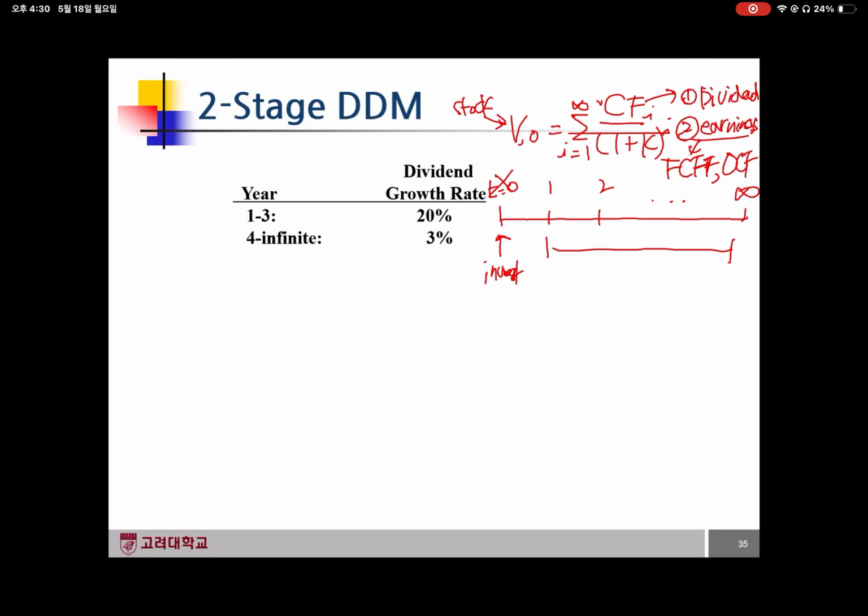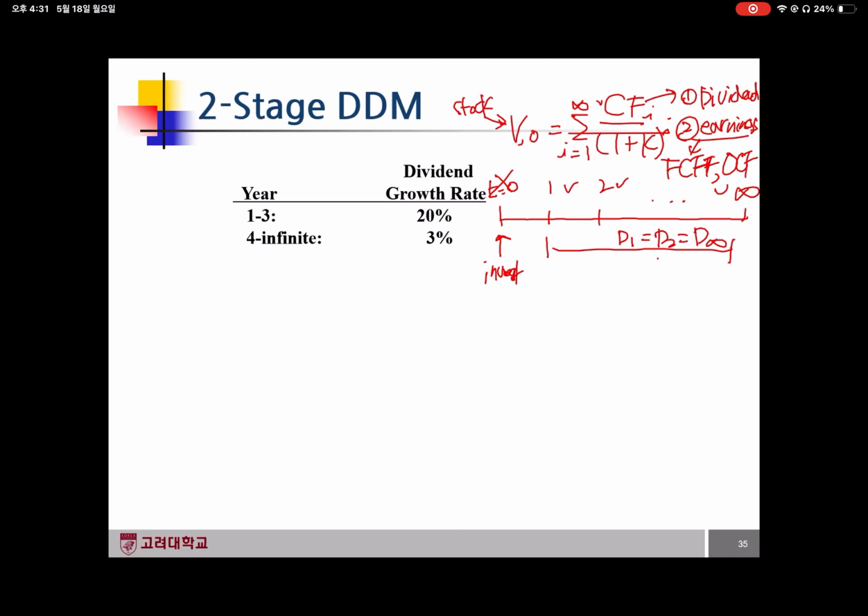And say the annual dividend payment is constant forever. So the dividend at time 1, the dividend at time 2, and the dividend forever is the same, it does not change.